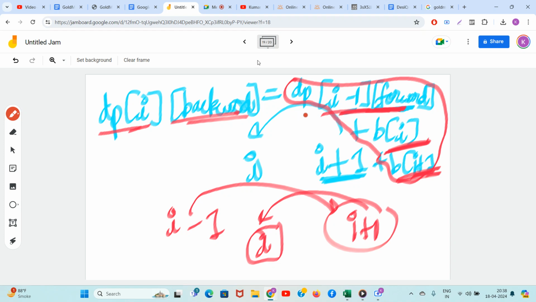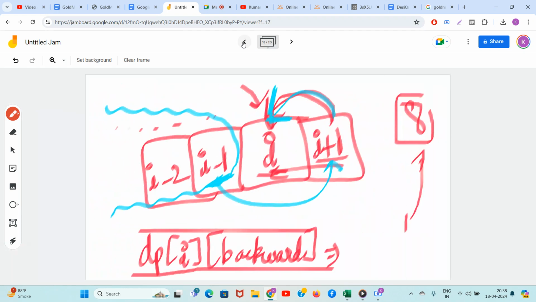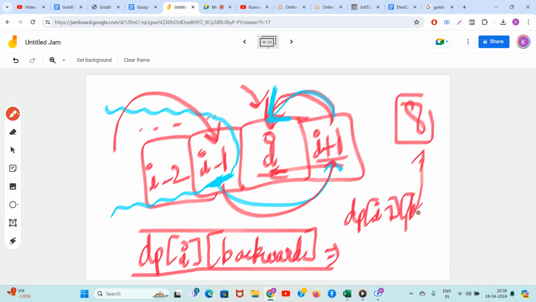Can anyone tell me, sir, why did you write DP of I minus 1 forward only? Why are we taking only that case in which you are jumping from I minus 1 like here, then here, then here? Why not DP of I minus 1 backward fashion? Because if you take DP of I minus 1 backward, the full structure will break.